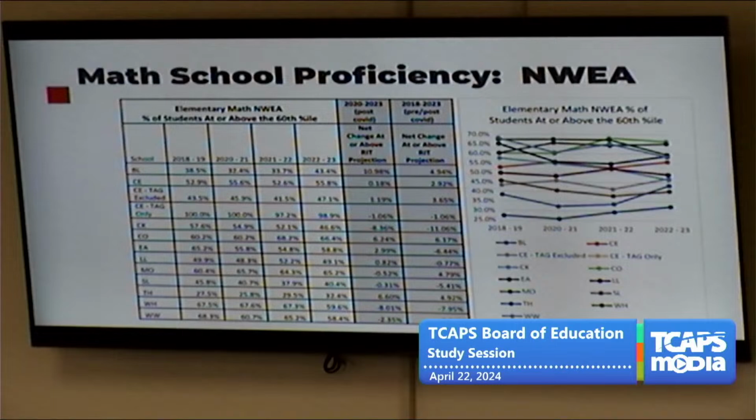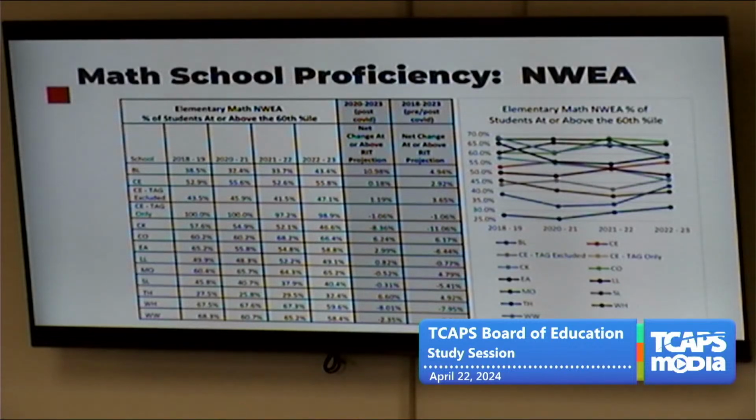This is a look at each individual school. In disaggregating this data, what we wanted to capture was what the growth and progress looked like since we returned from COVID, so that 2020 to 2023 timeframe. That's the first column on the left, where it says net change at or above the RIT projection.